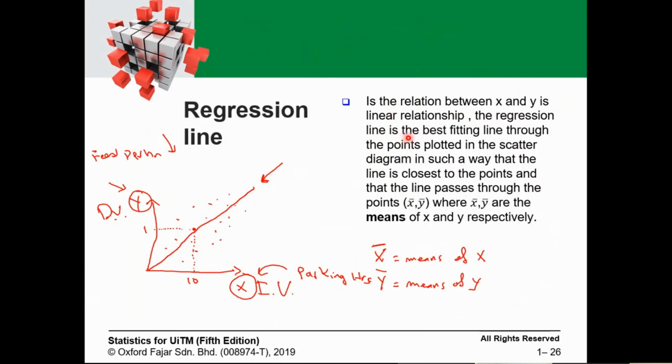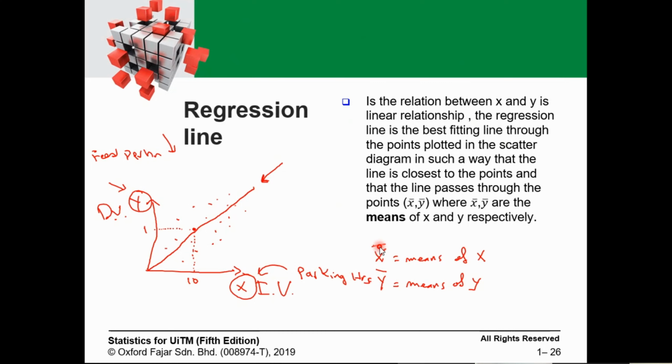The regression line is the best fitting line through the points plotted in the scatter diagram, in such a way that the line is closest to the points and passes through the point x-bar and y-bar, with a line above x and a line above y. What does it mean? The x with the line is the mean of x. Do you remember when we calculated the mean in the last class?